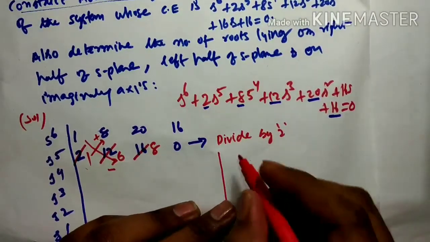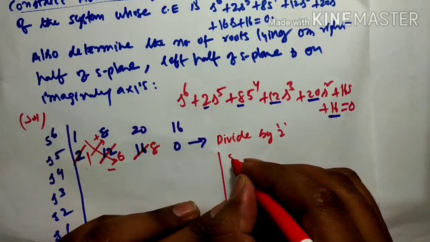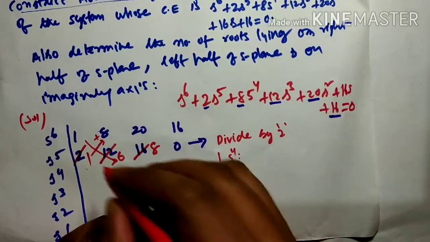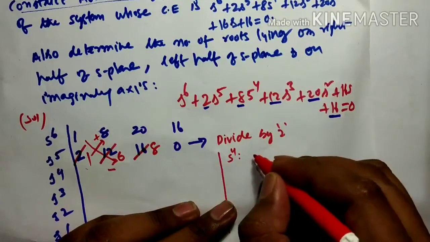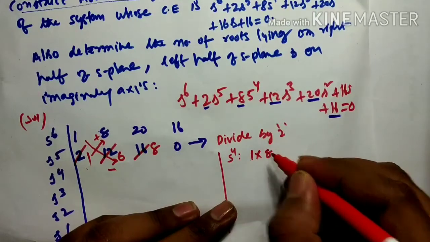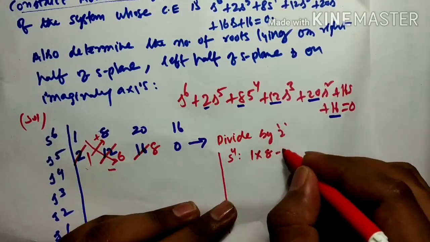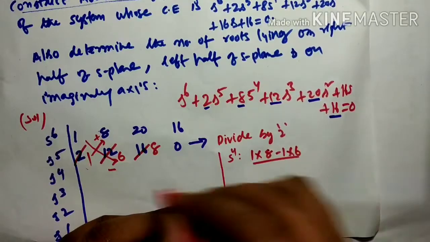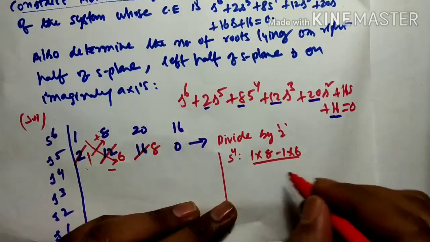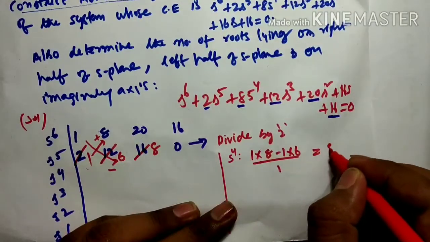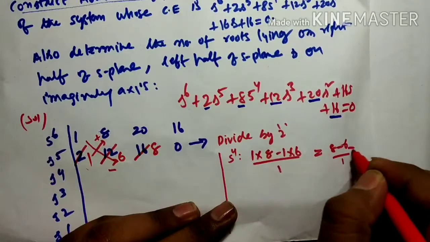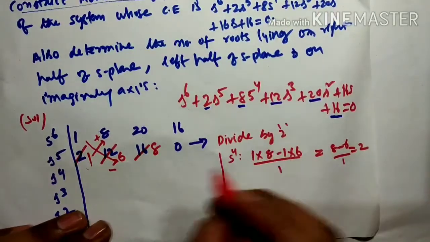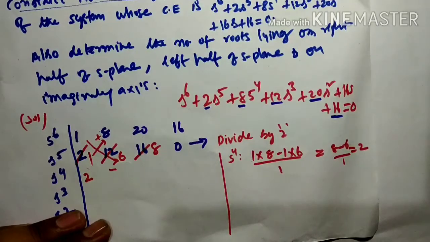So to find the s power 4 row coefficients, what do I do? 1 into 8 minus 1 into 6, divided by this 1. So 8 minus 6 by 1, that is 2. We substitute 2 here.